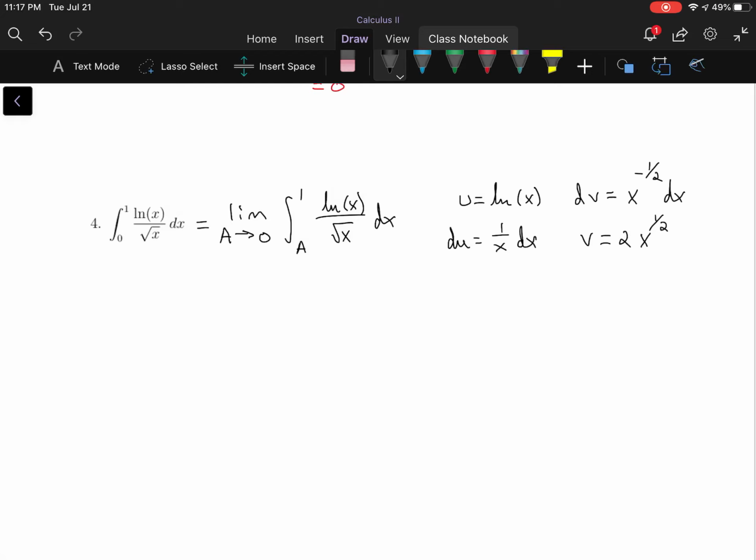And so now when we actually apply the integration by parts, we have the limit as a goes to 0 of uv, which is 2 root x natural log of x, minus the integral of v du.